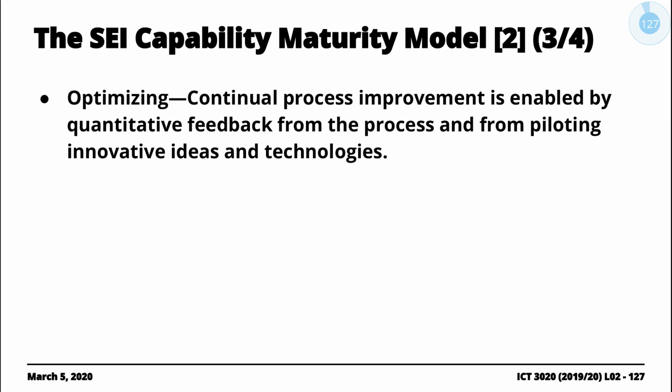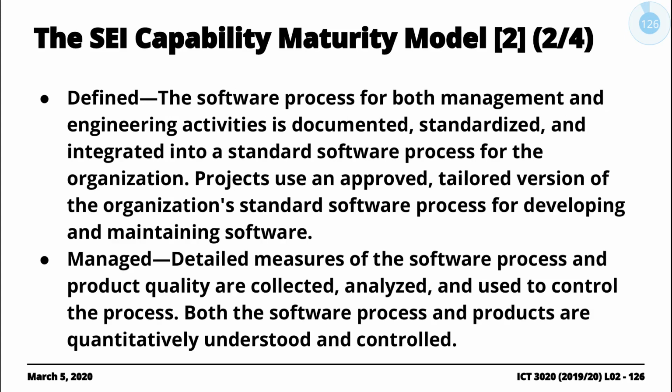Then comes the defined step, where both the project management and technical engineering activities are formally documented and standardized. And then you have the manage step, where specific measurables of the software processes and product quality are collected and analyzed, right?